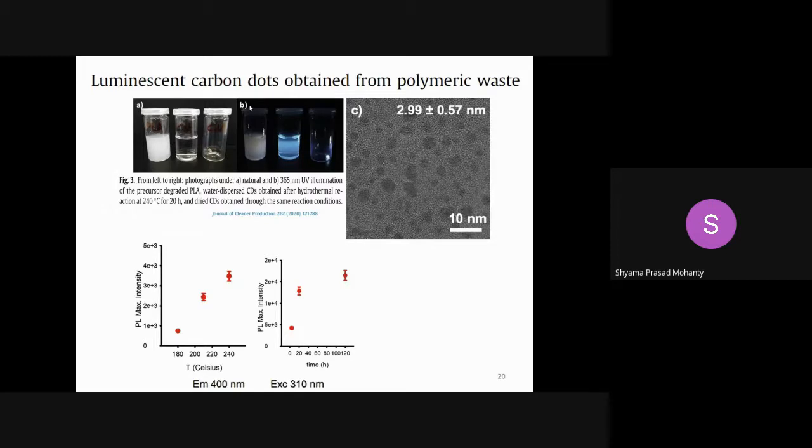Okay. They have also performed the studies at different temperatures, like 180, 200, 210, and 240 degrees, then for different times, and they have observed the emission from these carbon nanostructures.